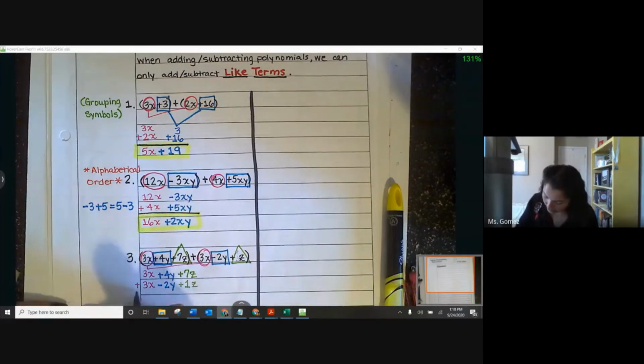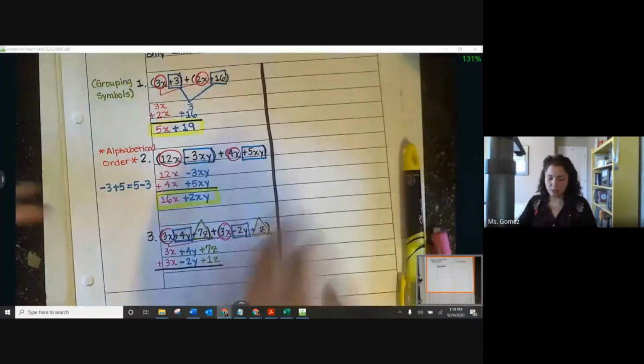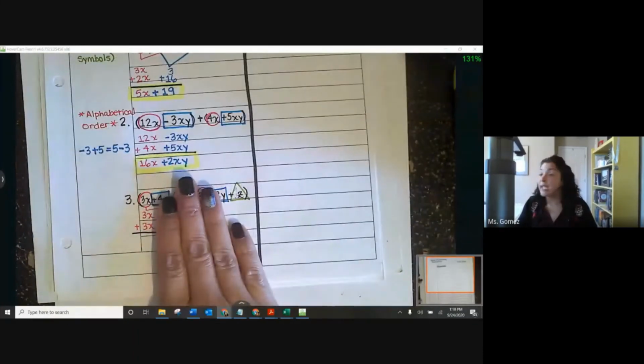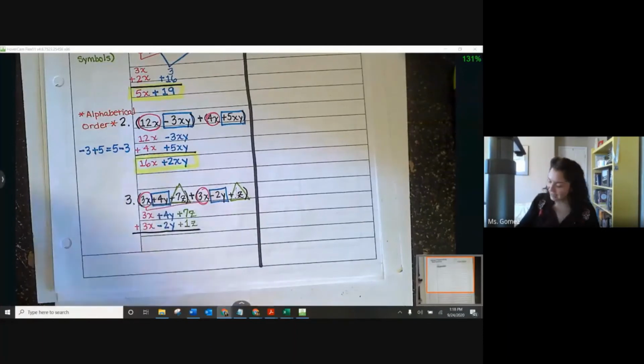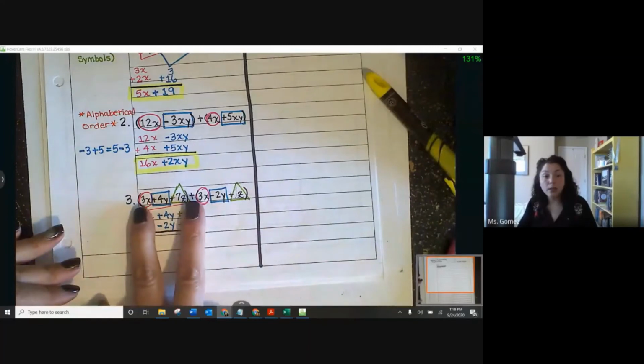Okay. Now, let's just focus on the pink ones for now. And I'll scooch that a little. There we go. 3x plus 3x. 6x. Good job. 4y minus 2y.